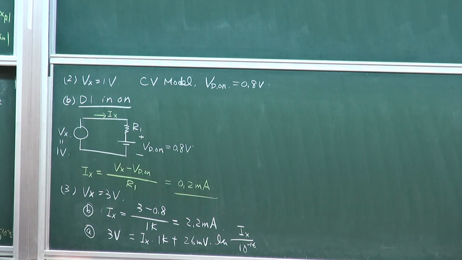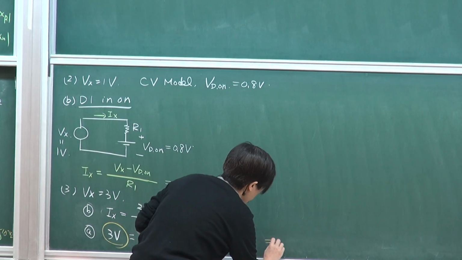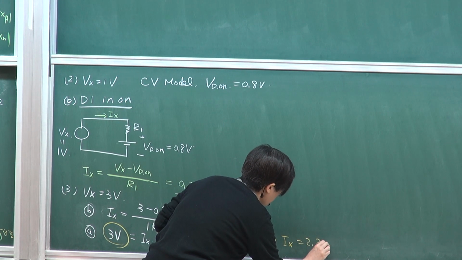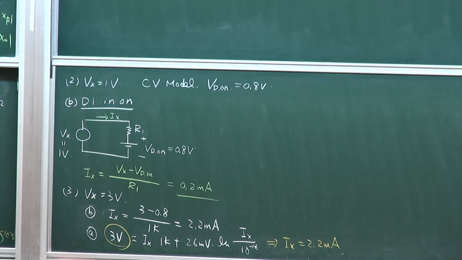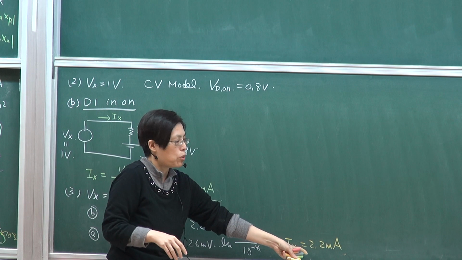So simply change the equation by simply changing this. And you can also get an answer. So what happened is that it's not going to be exactly 2.2, but very, very close.